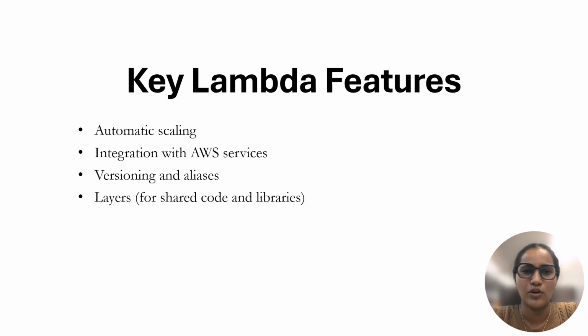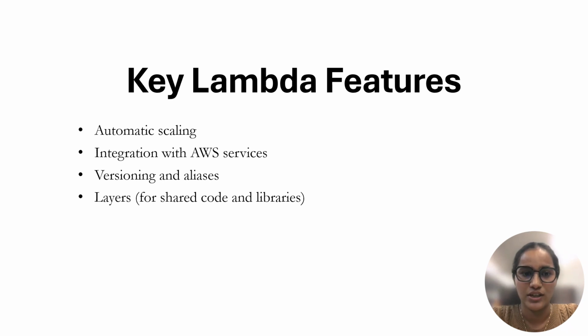Let's look at what makes Lambda so developer-friendly. First thing is automatic scaling. Lambda adjusts instantly to the number of events, no manual configuration needed. Second, it has deep integrations. It connects directly to services like API Gateway, S3, DynamoDB, CloudWatch, SNS, and more.